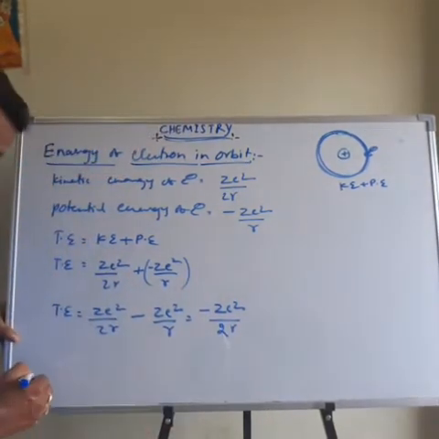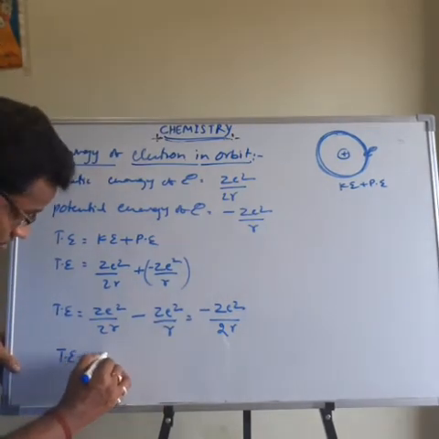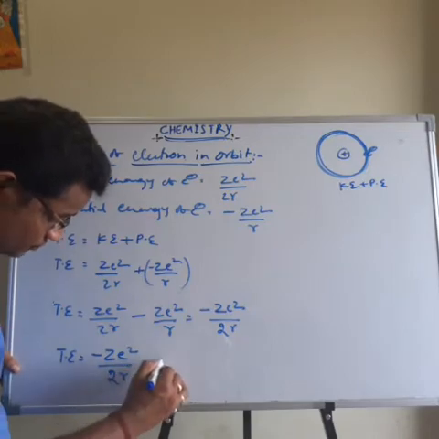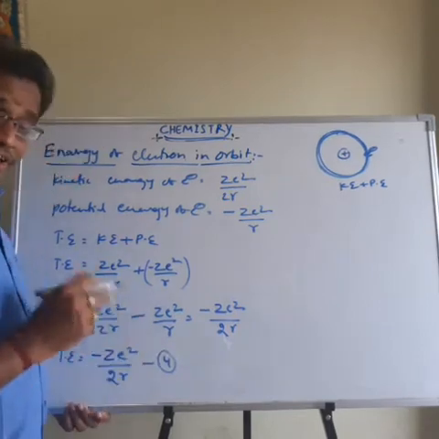So the total energy is equal to minus Z E square by 2R. This is equation 4. Then what are equations 1, 2 and 3?